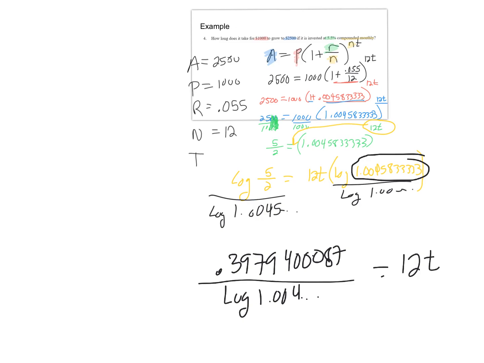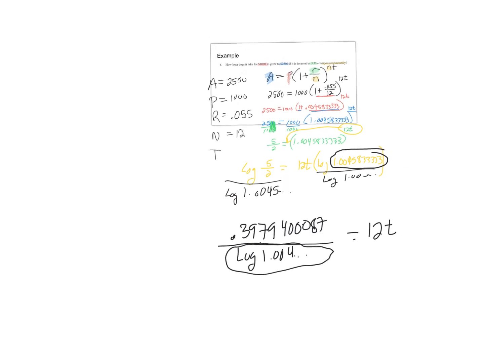Now here's where having a graphing calculator is very helpful because you can arrow up to this answer up here when we do this. So we're going to take this answer, the 0.39, divide it by log of the 1.004 and some change, and hit equals.